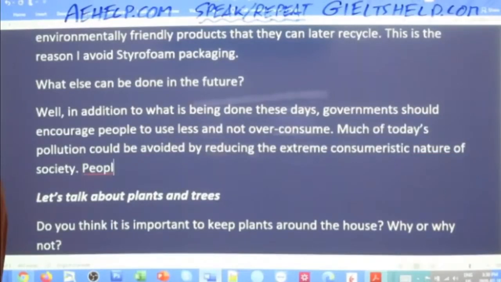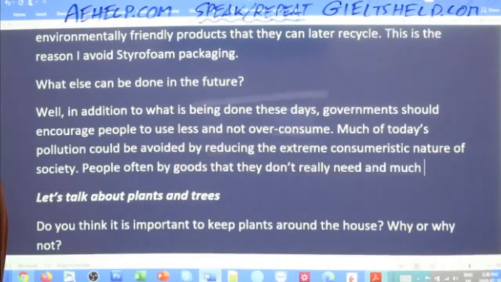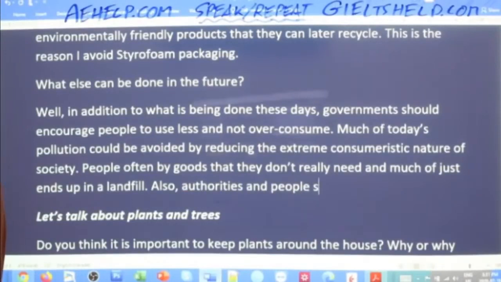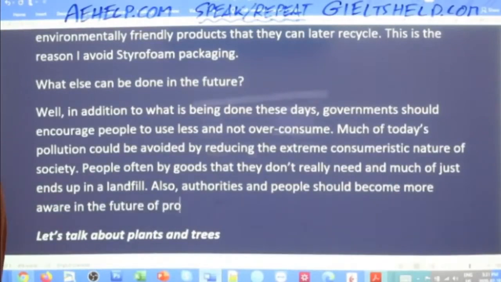People often buy goods that they don't really need, and much of it just ends up in a landfill. Also, authorities and people should become more aware in the future of products that they can reuse.